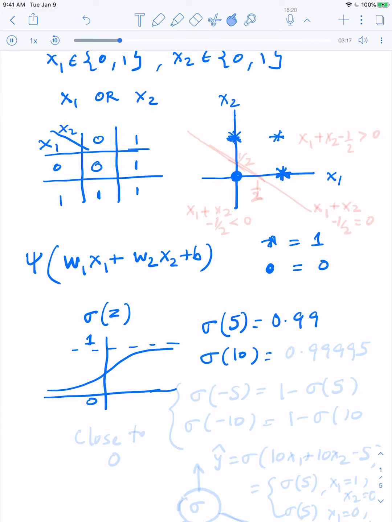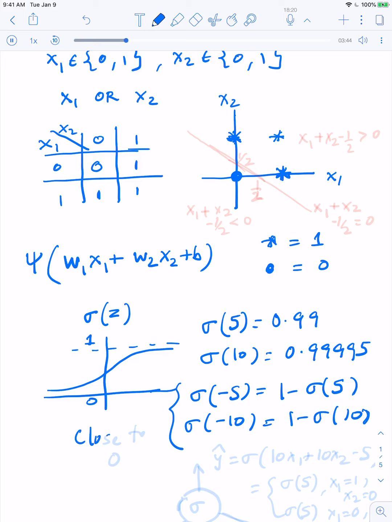Sigma of 10 is 0.99995 or 6, I think. And of course, sigma of minus 5, it's symmetric around half, is 1 minus sigma of 5. And sigma of minus 10 is 1 minus sigma of 10. And these are close to 0.